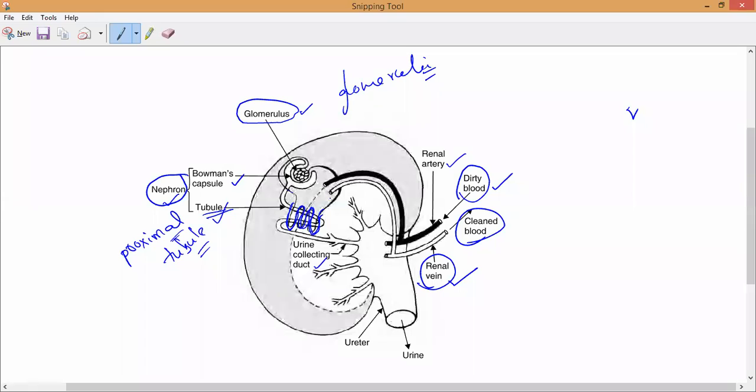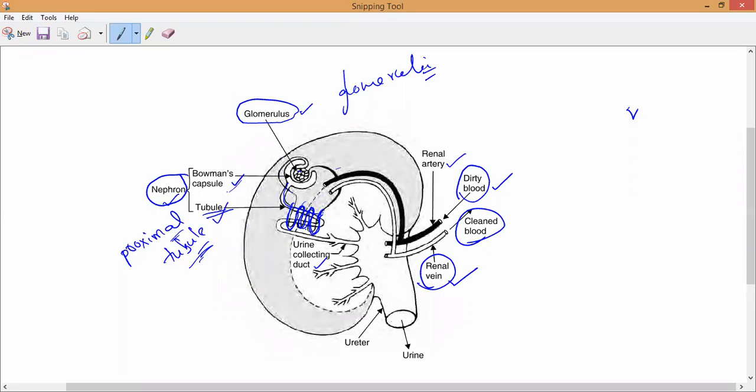Understand? First absorption by the Bowman capsule from the glomerulus, and again the useful substances, when they are passing through this tubule, the proximal tubule, they are reabsorbed by the cleaned blood passing through this tubule.